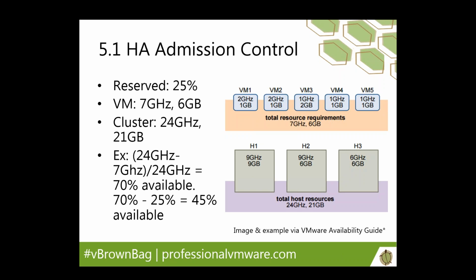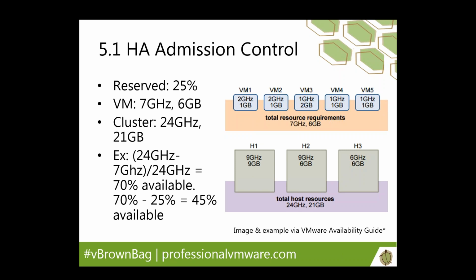So really what we have here is total available in the cluster minus the total required by the VMs, and then divided by the total available. So if we looked at that math, we have 24 gigahertz available. We have a requirement of 7. So we subtract 7 from 24 and then we divide again by 24. In that case, we have 70% available.